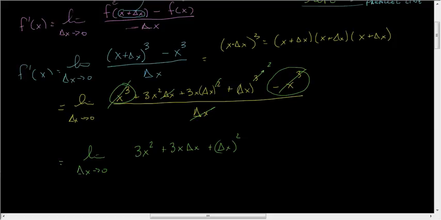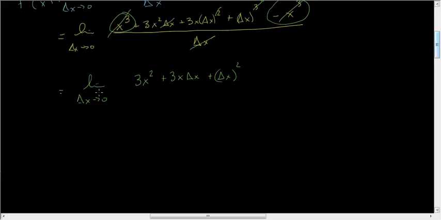And now we can go ahead and take that limit. So f prime of x is equal to, well, since this goes to 0 and this goes to 0, what we're left with is just the 3x squared.